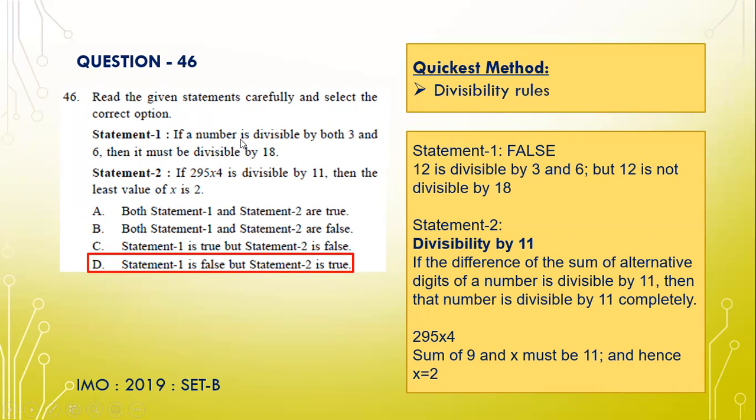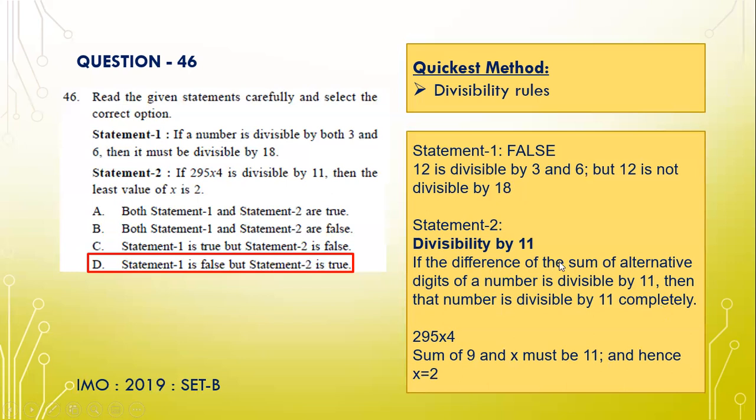So the first is false. And the second is: if 295x4 is divisible by 11, then the least value of x is? So what is the rule of divisibility by 11? If the difference of the sum of alternate digits of a number is divisible by 11, then the number is divisible by 11 completely, isn't it?